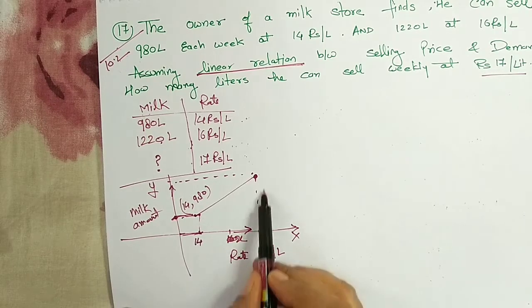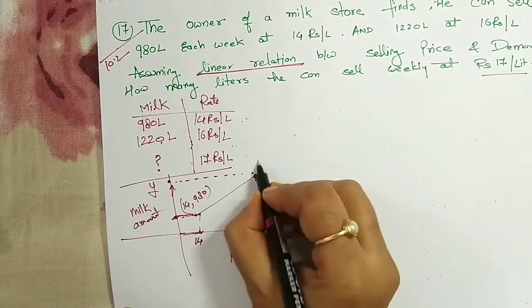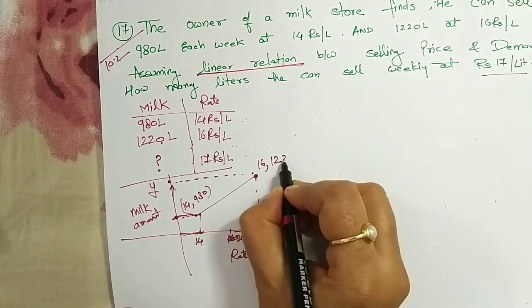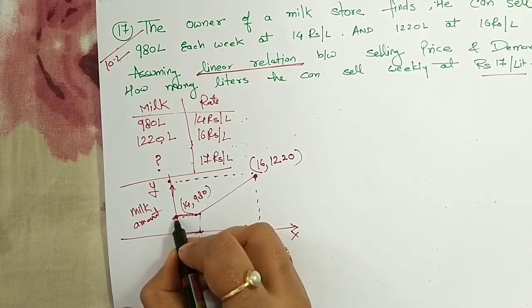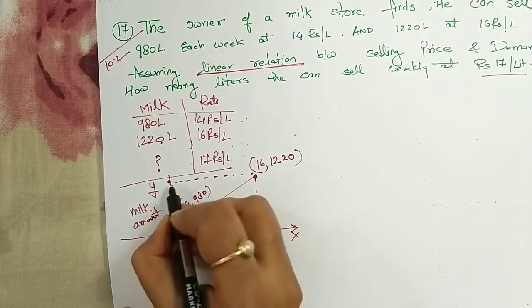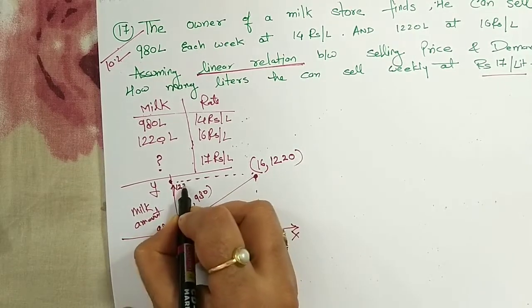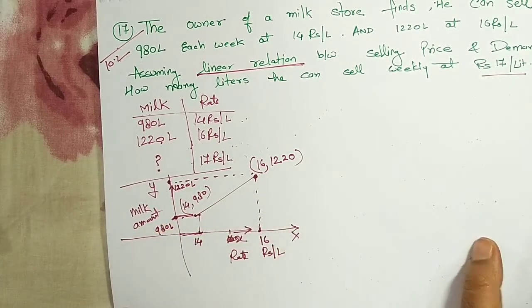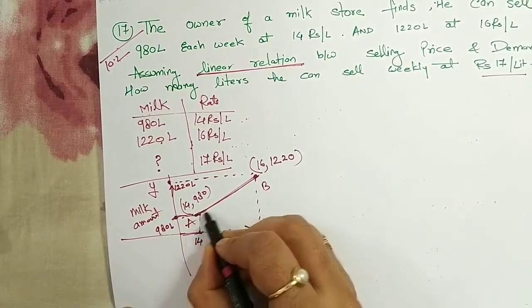Now at 16 rupees he is able to sell more, which is 1220. So this point is showing 980 liters, and this point is showing 1220 liters.